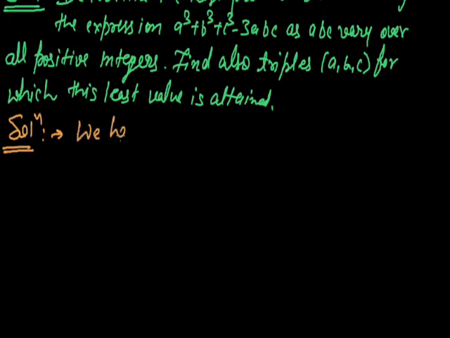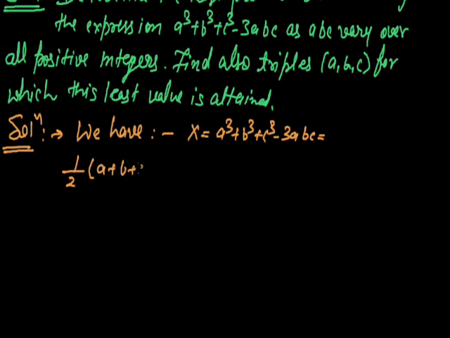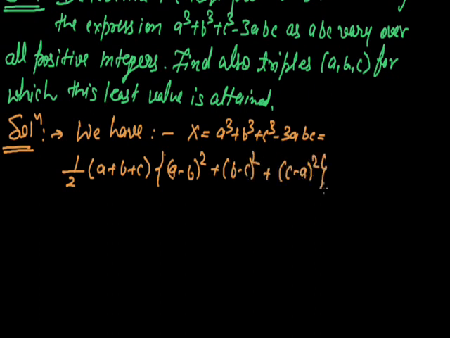We have x is equal to a cube plus b cube plus c cube minus 3abc, that may be given as half of a plus b plus c into a minus b whole square plus b minus c whole square plus c minus a whole square.